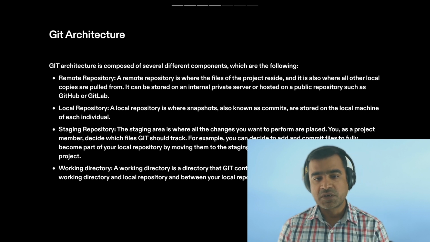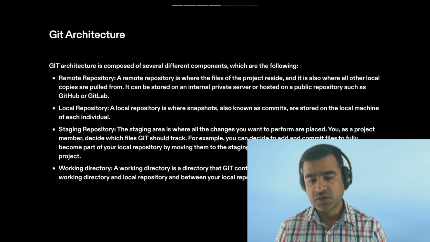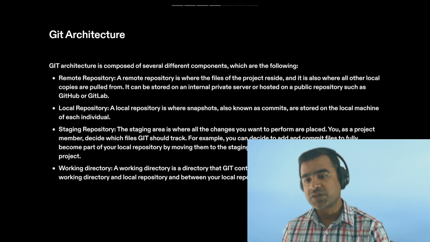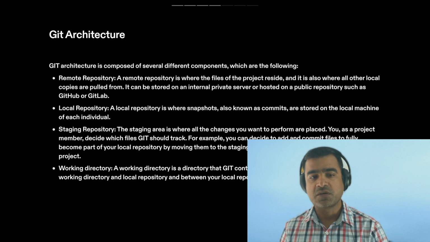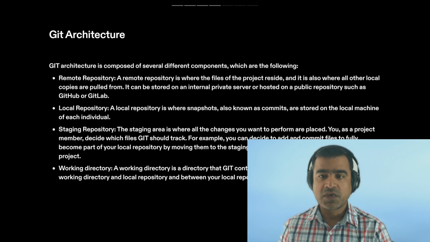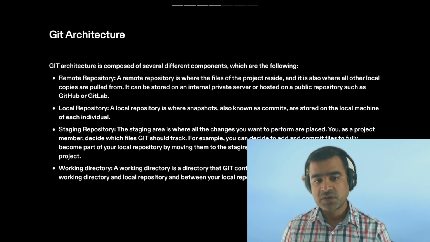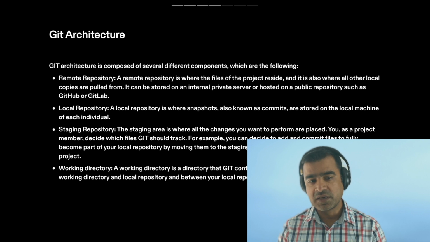Local repo is nothing but your workstation or your local development machine. A local repo is where snapshots, also known as commits, are stored on the local machine of each individual. So if you're a developer, you ideally work on your local repo, and once you're ready, you push this to a staging area. And the next thing is the staging area.